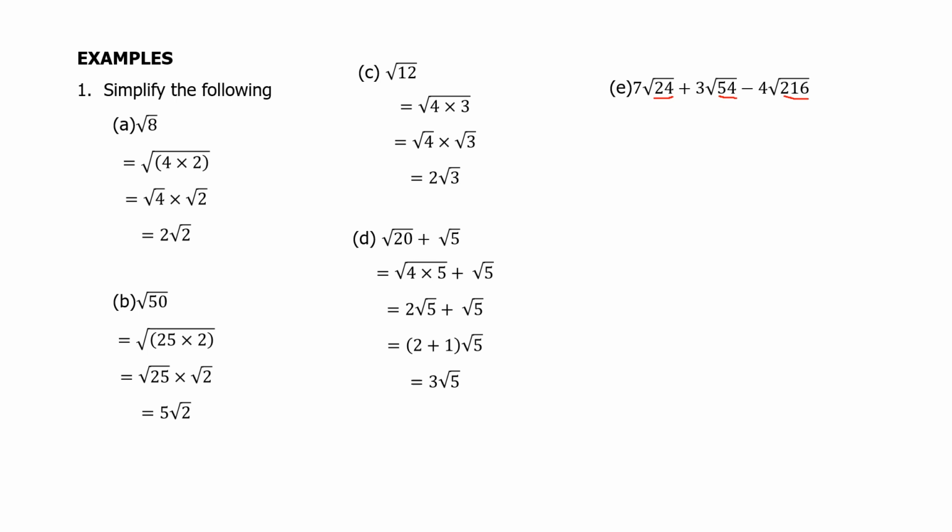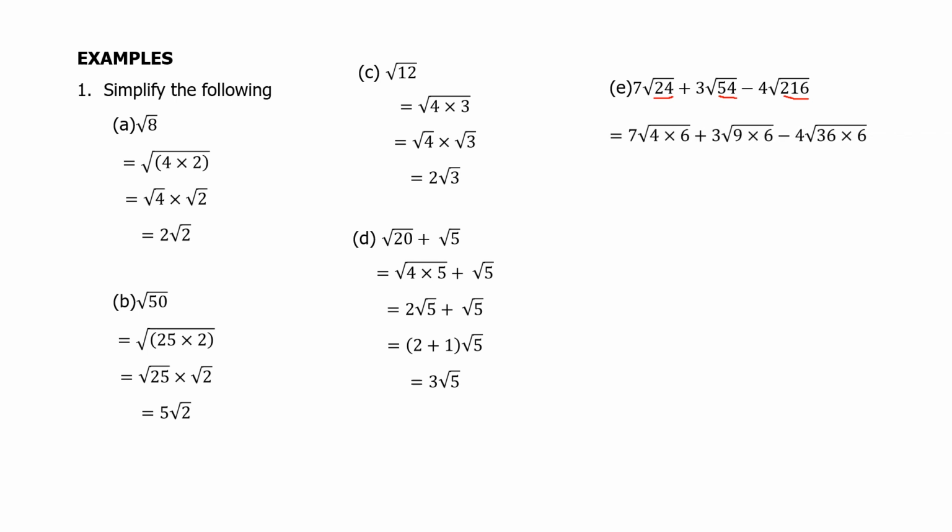When you look at 216, there is a 36 which is embedded there, and the 36, when you multiply it by 6, that's the 216 that you get. The 54, there is also a square number embedded there. The 24, there is also a square number embedded there.